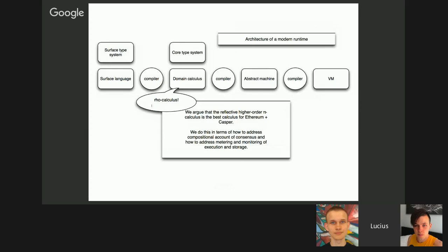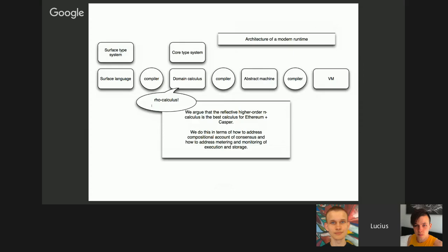So what we're looking for is a compositional account of consensus. I argued at DevCon that in order to scale, you need a nested notion of consensus, and a corresponding nested notion of the state of the blockchain. So you have consensus on some chunks of the state, and consensus on other chunks of the state, and those two processes can and should, as often as possible, run independently, unless you have some contract or computation that needs coordination amongst them.